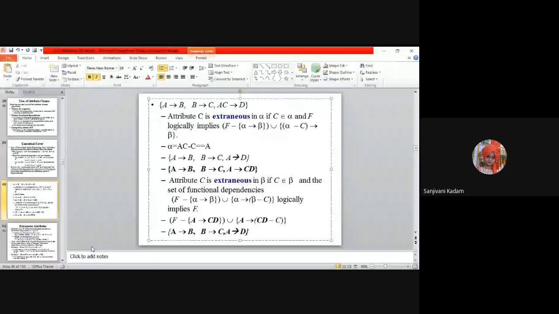Please go through this example also for a minute.